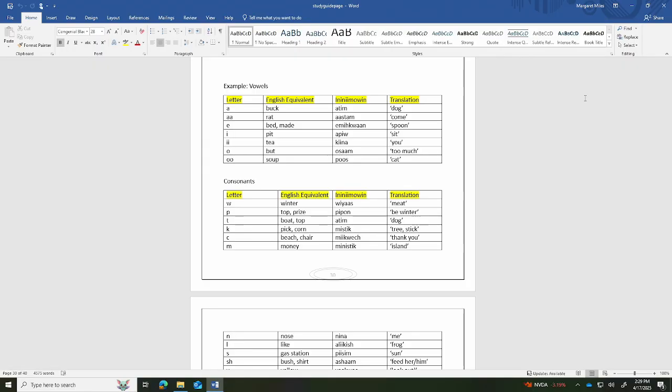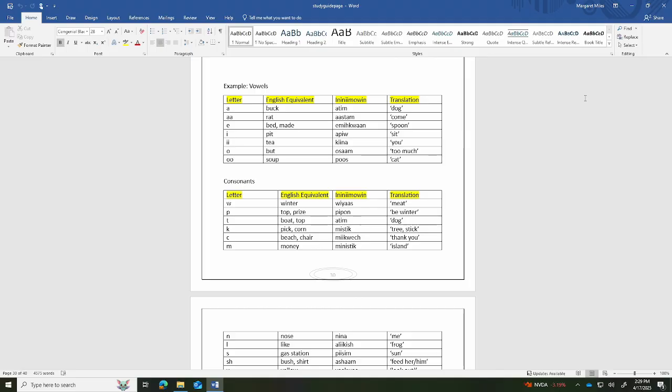And in the language, in Nimuan, attim. And the translation, dog. The long A sound, rat. Astam, meaning come.